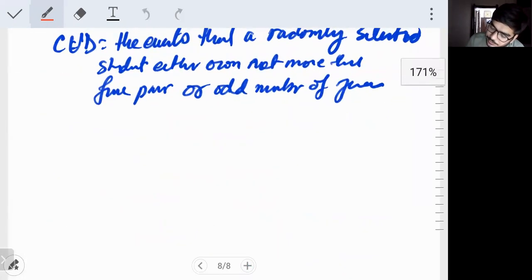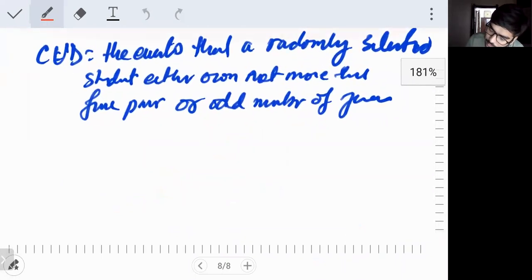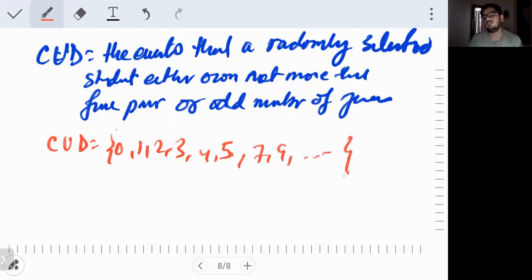Now we have a case where C union D is the event that a randomly selected student either owns not more than 5 pairs or an odd number of jeans. So C union D will be equal to 0, 1, 2, 3, 4, 5, 7. 6 will not be included because up to 5 we have that.